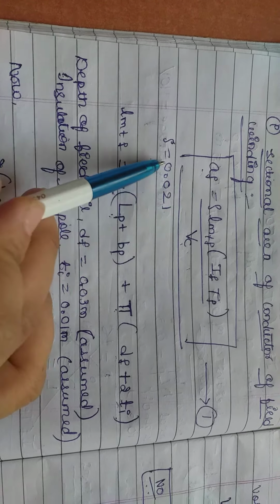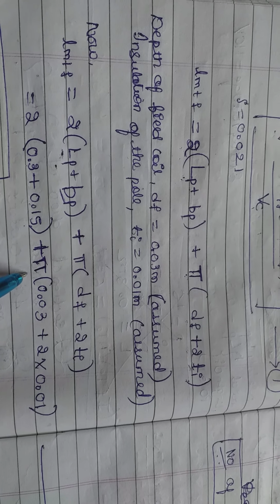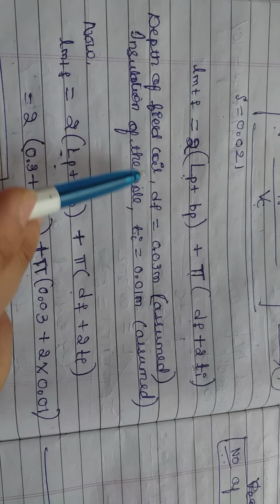Length of mean turn for the field winding is given by 2 LP plus BP plus pi DF plus 2 into TI. 2 is a constant here, LP which is already given, that is a length of the pole body 0.3, plus BP also they have given, that is 0.15, plus pi is a constant, DF is nothing but the depth of the field coil.